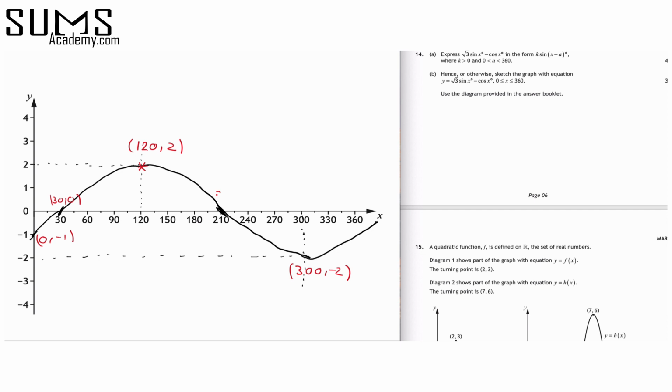And this is (210, 0). So to get all the marks, you need to have the roots identifiable, which we have here and here, worth 1 mark; then the coordinates of both turning points, worth 1 mark; and your final mark is for the y-intercept over there. So there's your 3 marks. Okay, that's it.